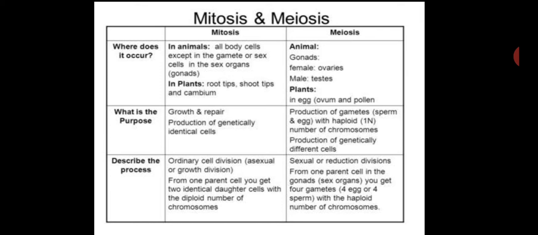And third point, you of course describe the process, right? That means asexual or growth division. So one parent cell can give two daughter cells after mitosis. Both the daughter cells are diploid cells. They maintain an equal number of chromosomes, same as the parent.